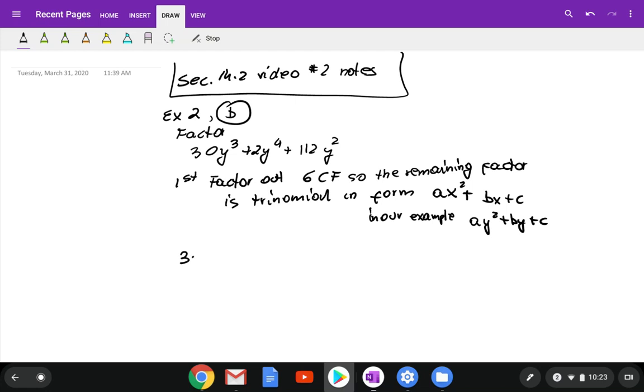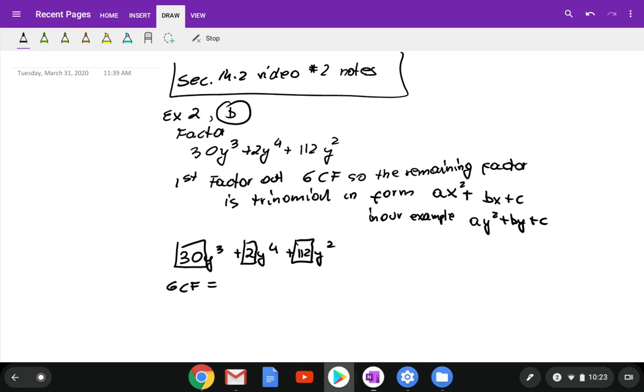So let's go back. We have 30y to the third power plus 2y to the fourth power plus 112y squared. What will be the GCF? First, check the coefficients: 30, 2, and 112. Think about the biggest integer which will divide each of those numbers.